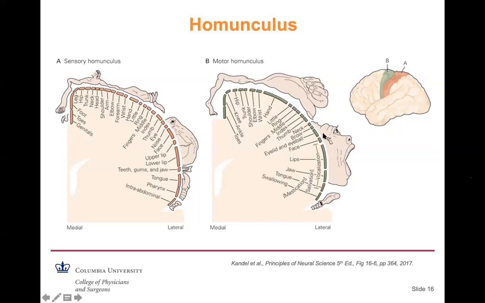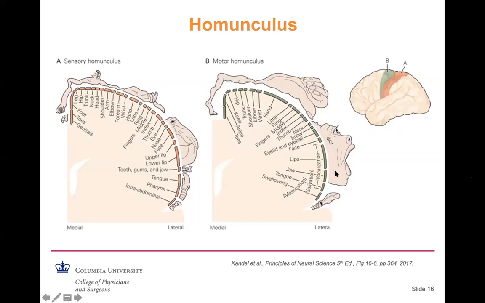In the case of the motor cortex, the tongue and the face and all the muscles of the face are represented on the lateral convexity of the brain, versus the leg area, which is represented more medially in the brain, and you can see the hand area between that.